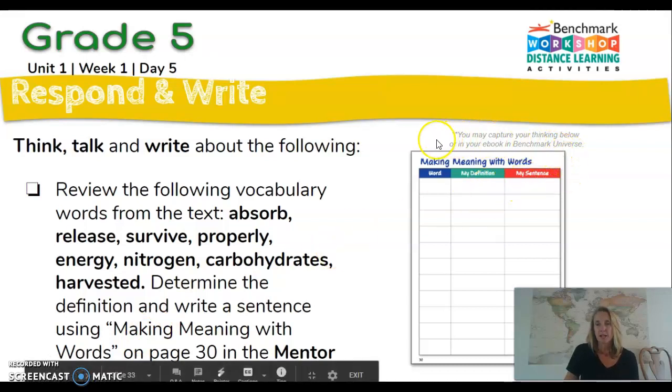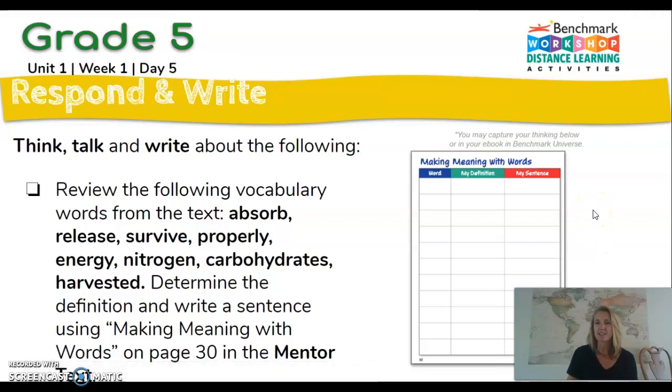Okay, so this page here is in your mentor text. It's in the Partners in Survival text, just the same one you were just using with the fish on it. And on page 30, there's this chart. So you'll write the words. Each word gets its own block.